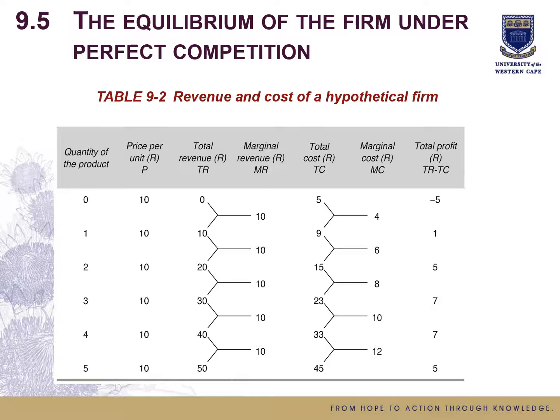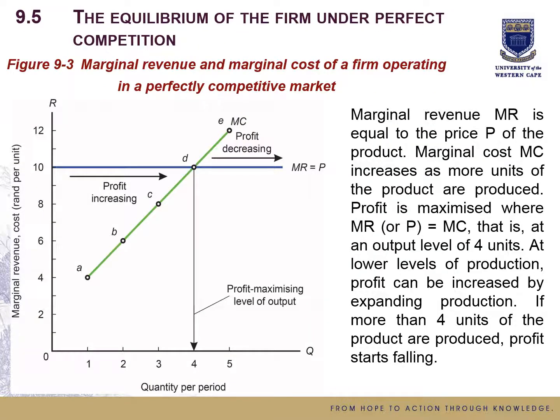The marginal cost, that is the cost incurred by producing one extra unit of output, is illustrated in column 6. And lastly, the firm's profit, that is the total revenue minus total cost, is shown in column 7. The information in Table 9.2 is shown graphically in Figure 9.3.